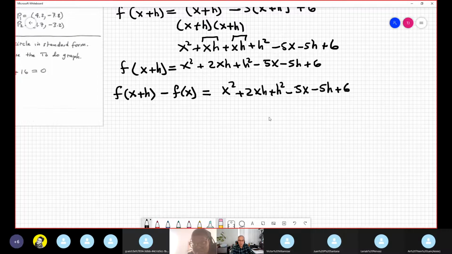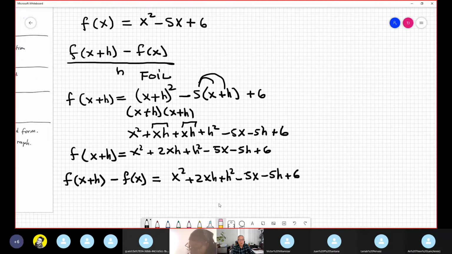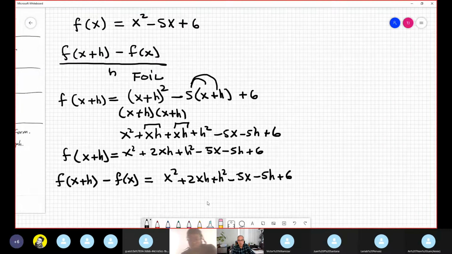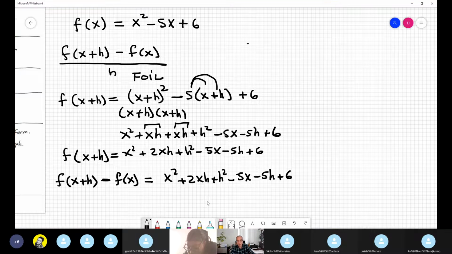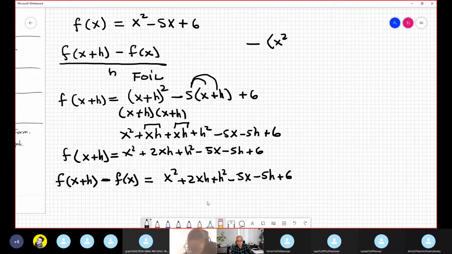And the original, look here, is minus, so this minus, when you apply it in the front, change the sign: minus x squared plus 5x minus 6. Change the sign, and that's it. Super.